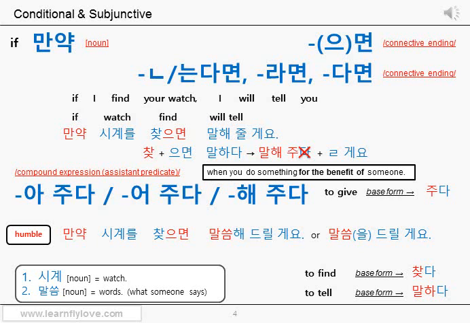Amazingly, this noun 말씀 can be a higher respect form and a humble form of the noun 말 at the same time. 말 means words, right? So you can use this noun 말씀 to make your words humble. Interesting, isn't it? So you can use it for your words too.